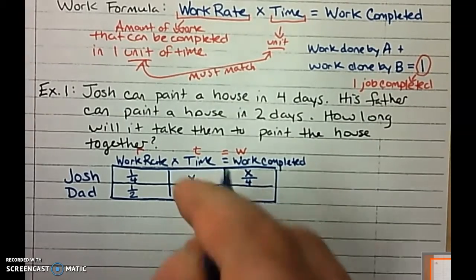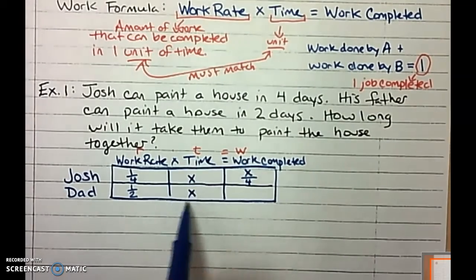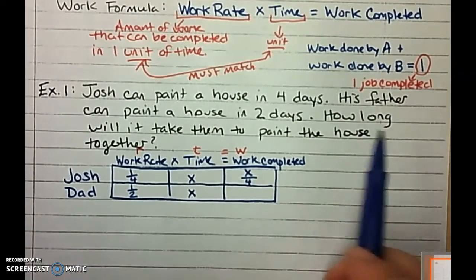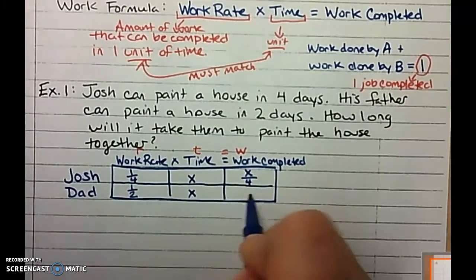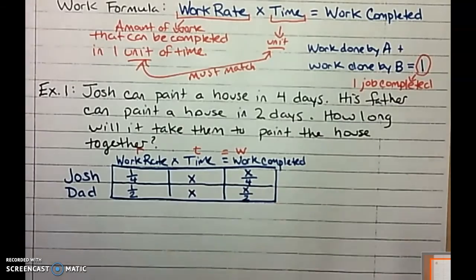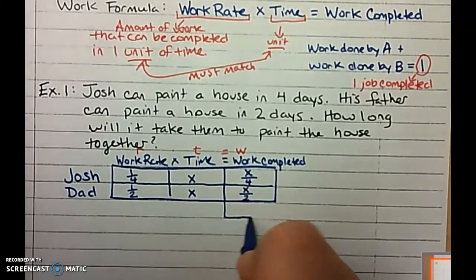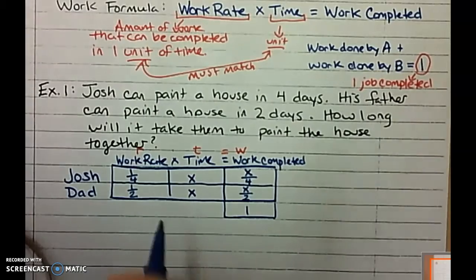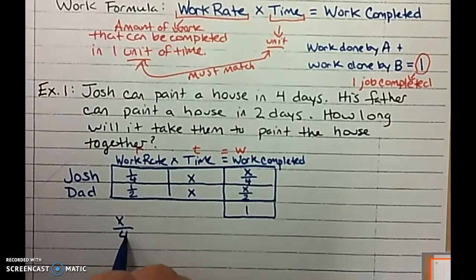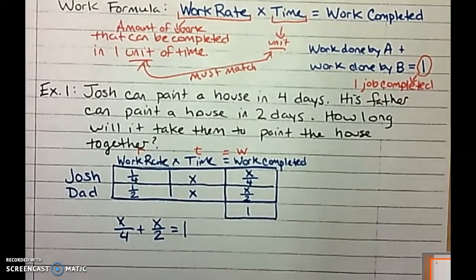So that's his work rate. Again, they're working for the same amount of time, because the question says, how long will it take them to paint the house together? So that's why these times match here. When we multiply across, we get X over 2. Now, all together, when they are working together, they get one house painted. So we have our equation, X over 4 plus X over 2 equals 1.